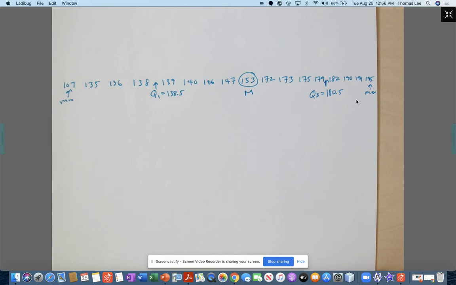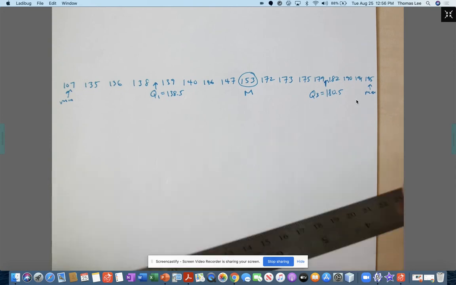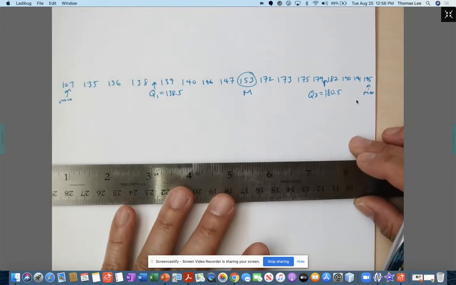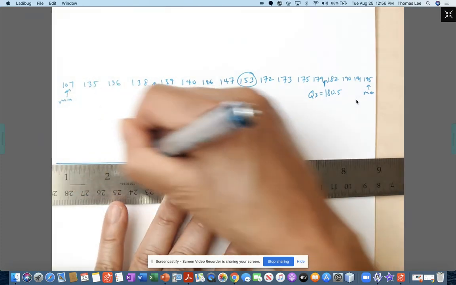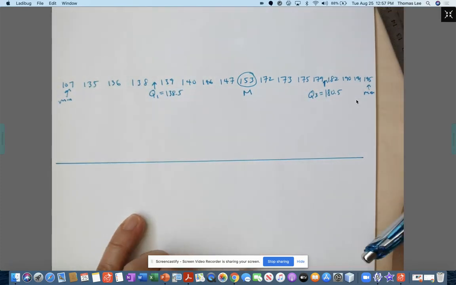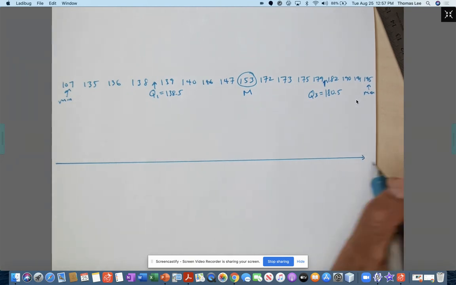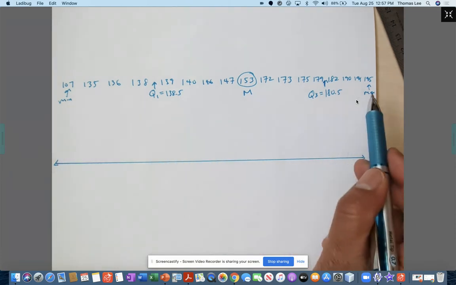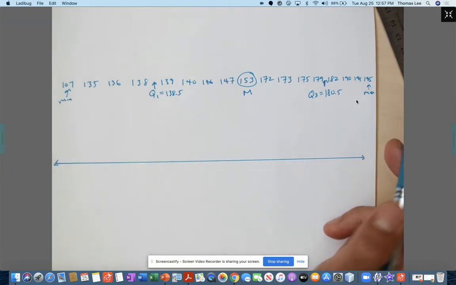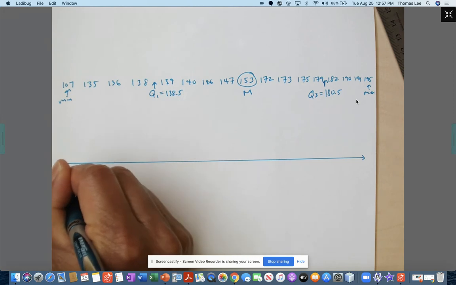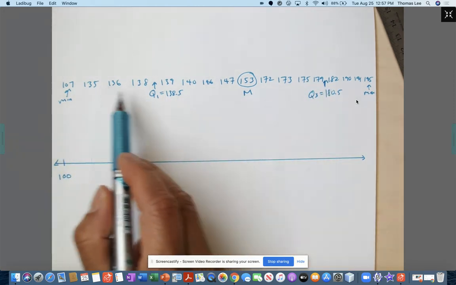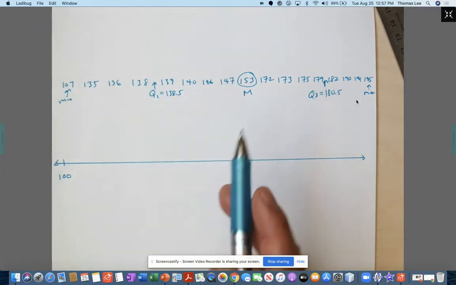Okay, so how do I draw a box plot? I simply draw a number line. Okay, my values have to go from 100 to roughly 200. And most of the data is around the 30s, 50s, 70s.